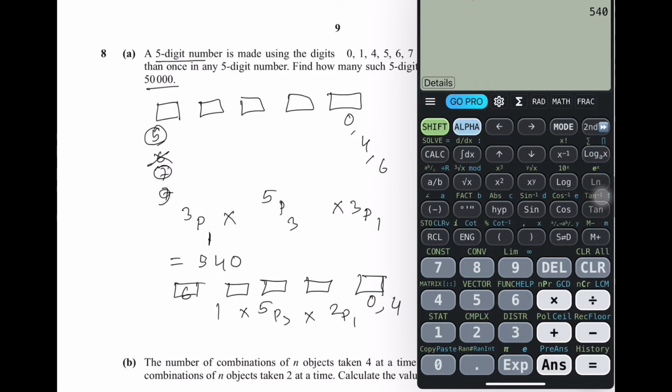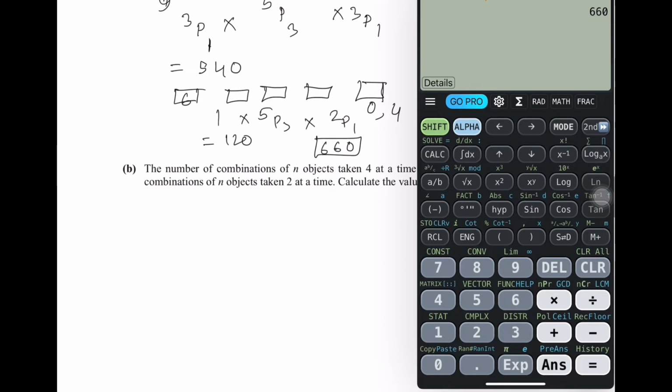So let me multiply this one, 5P3 into 2, so it is becoming 120. Let us add plus 540, so the total is becoming 660. This is the answer.